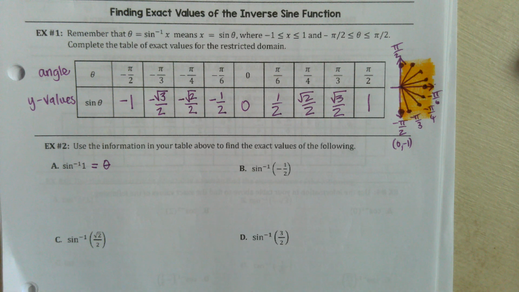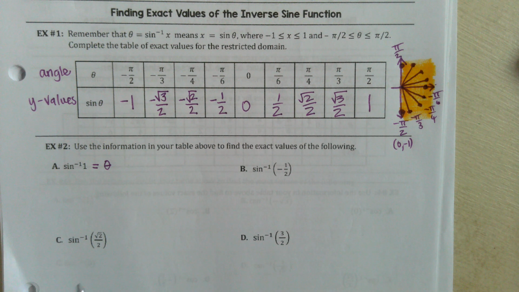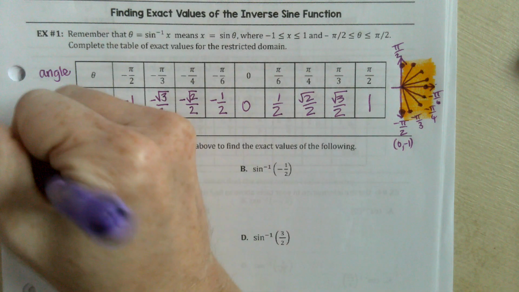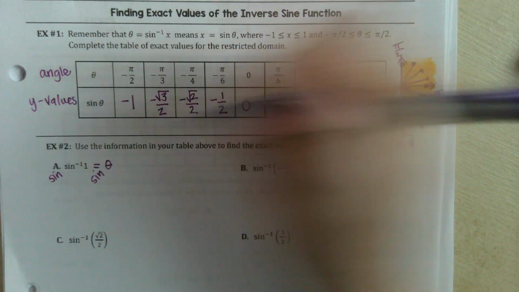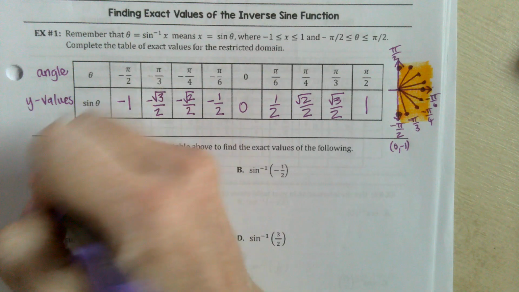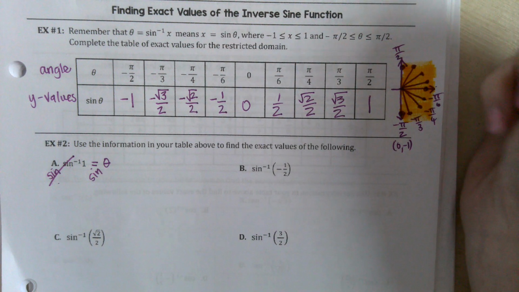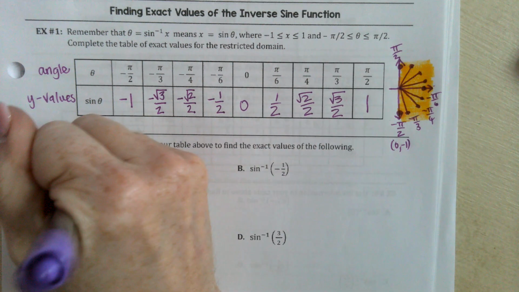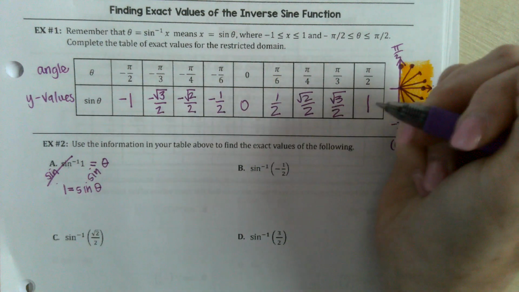Almost like thinking, how would I get rid of the sine inverse? I can understand how you would see that with it being in the exponent position, but what I'm actually going to do is take the sine of both sides. The sine and the sine inverse cancel each other out, okay? So what I've got left here is 1 equals sine of theta.